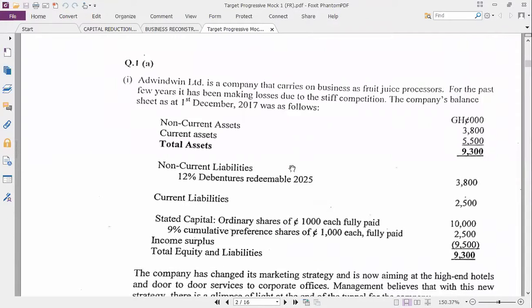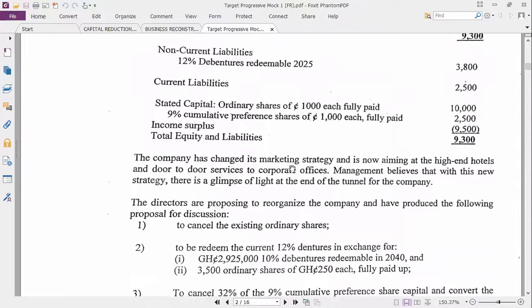So Arjunijuni Limited is a company that carries on business as a fruit juice processor. For the past few years, it has been making losses due to stiff competition. The company's balance sheet as at 31st December 2017 was as follows. The balance sheet is there. Let's move on to the footnote.